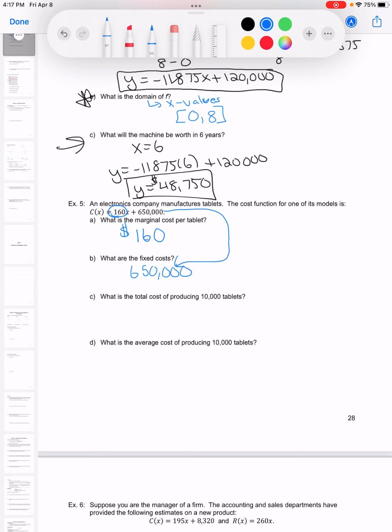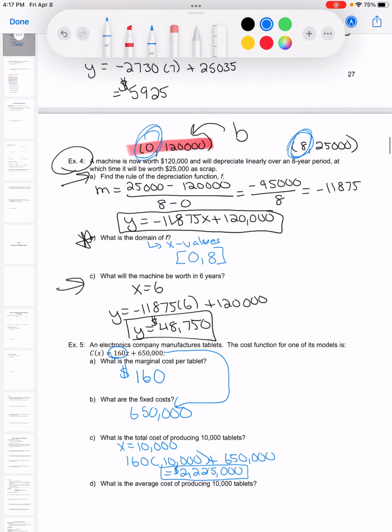The total cost, we're just going to plug in $10,000 for X. We're going to type that in our calculator. It's a huge number. Oops, that's a 5. So $2,250,000. That's the total cost.